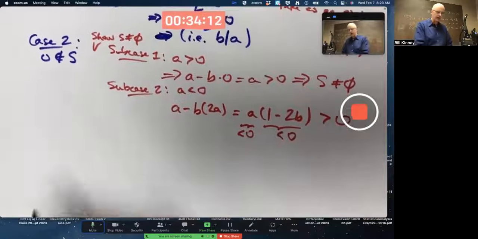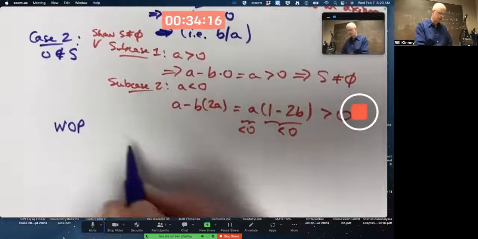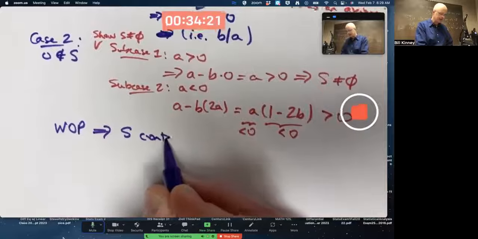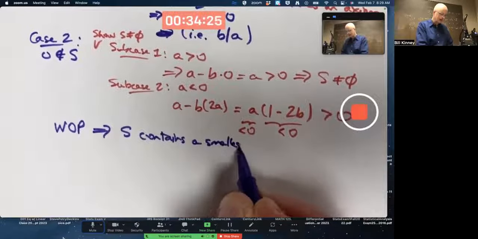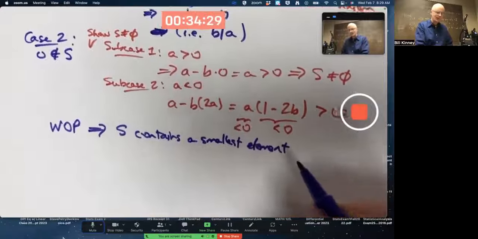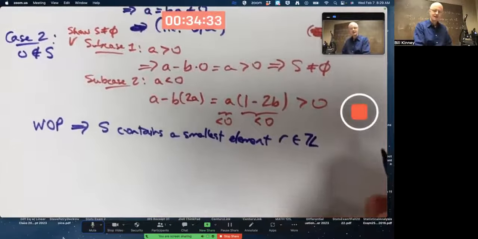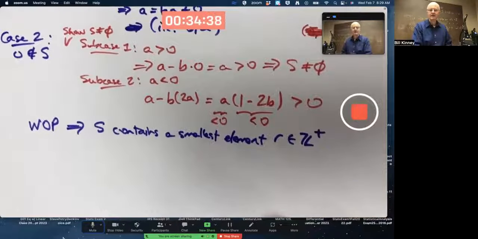Now apply the well-ordering principle. WOP here means well-ordering principle. S contains a smallest element, which is going to be a positive integer. Let's suggestively call it R. And I'm going to put a Z plus here to emphasize it's a positive integer. That's standard notation.